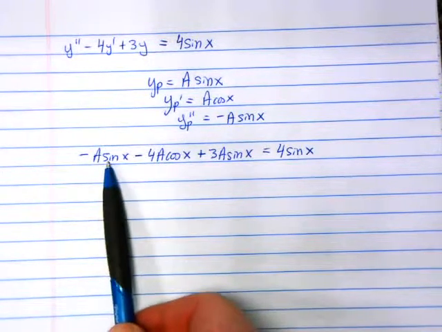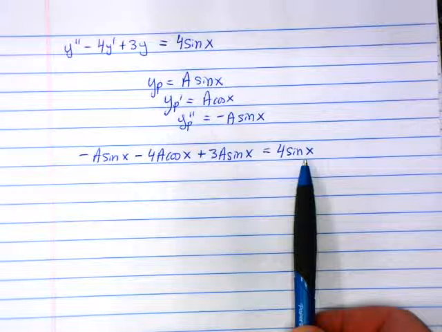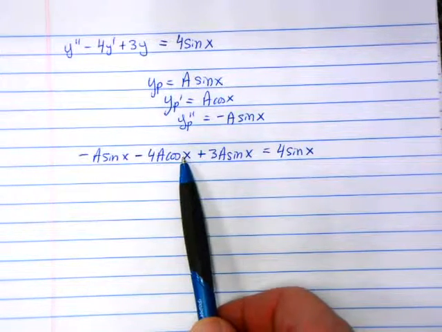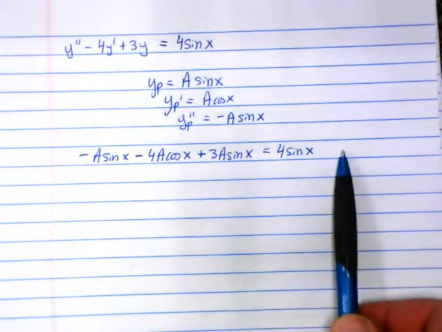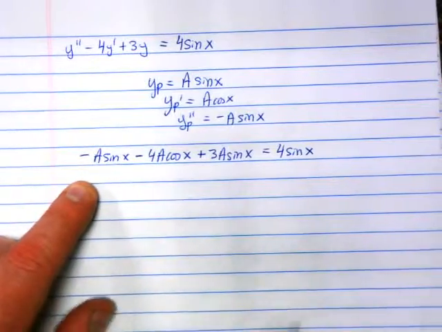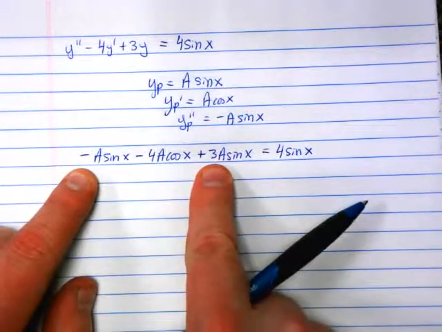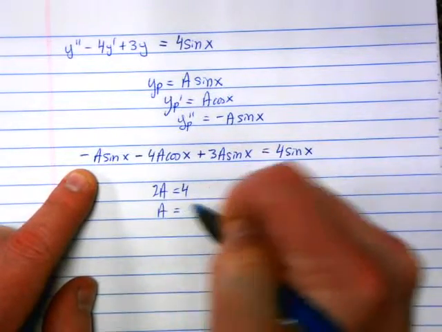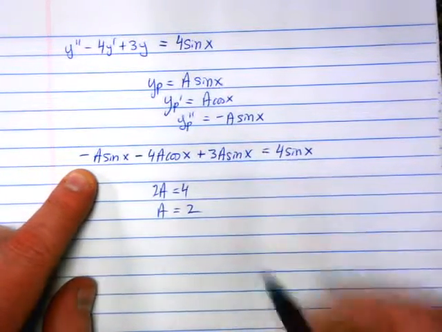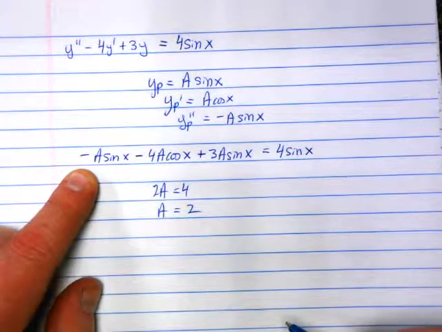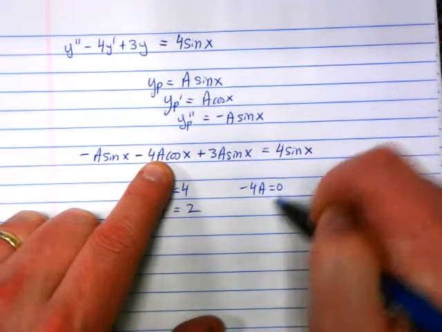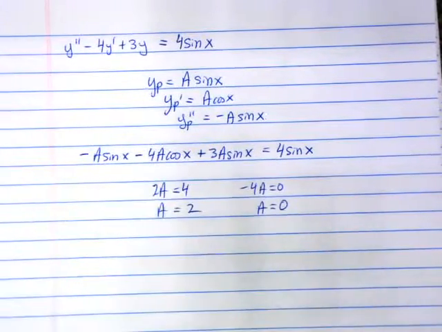All the sines on the left have to be the same as the sines on the right, and the cosines on the left have to be the same as the cosines on the right. For sines, I would have a negative a and a 3a, so that's 2a equals 4, which would tell me a is 2. But then I have a problem. The cosines tell me negative 4a equals 0, which tells me a equals 0.